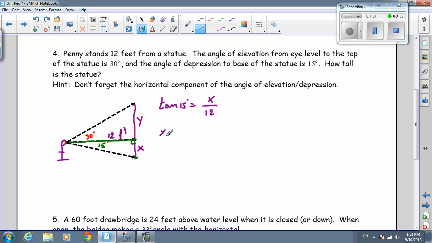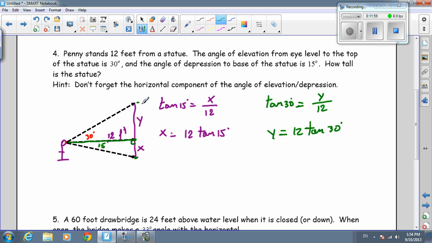So x is equal to 12 tangent 15 degrees. We can do the same thing in the triangle above, and we will say instead tangent of 30 degrees is equal to y over 12. In other words, y is equal to 12 tangent 30 degrees.